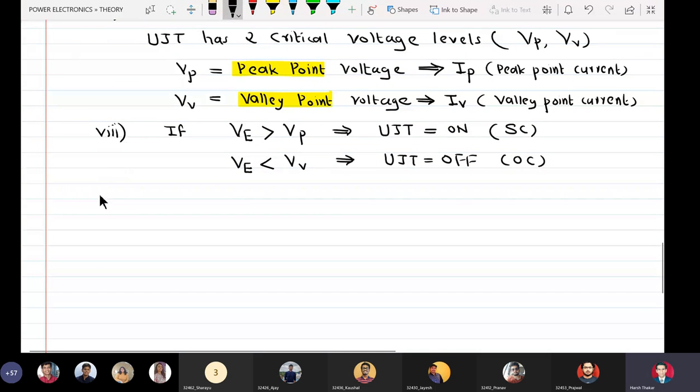Now the mathematical equations which are associated are as follows.